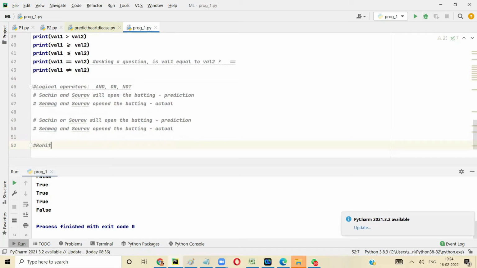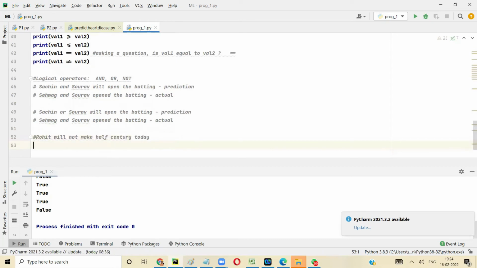Okay, now you tell me another thing. Rohit will make a half century. Or rather than this, I'll say Rohit will not make a half century today. And Rohit scored 63 actually.